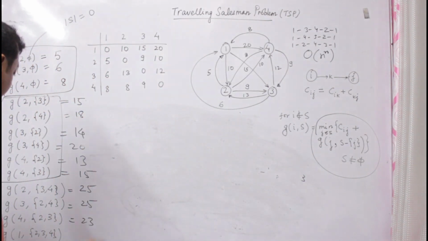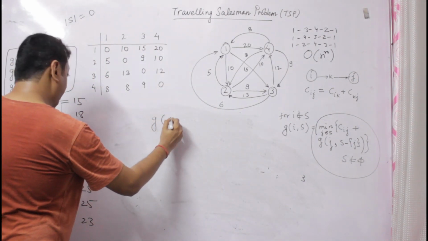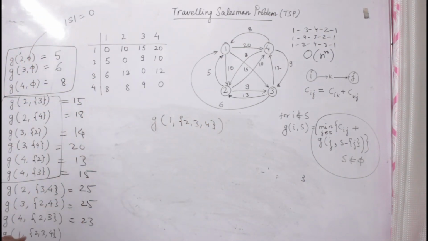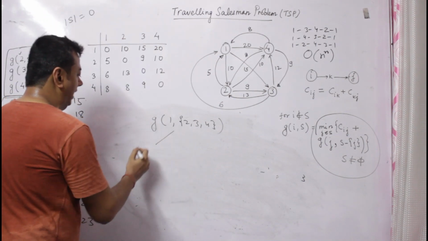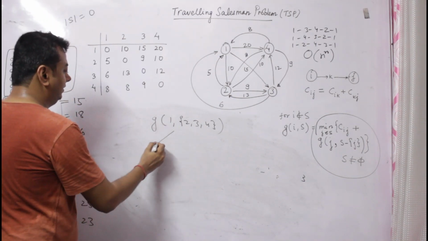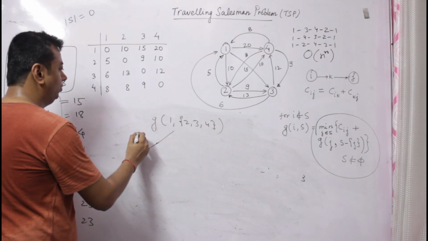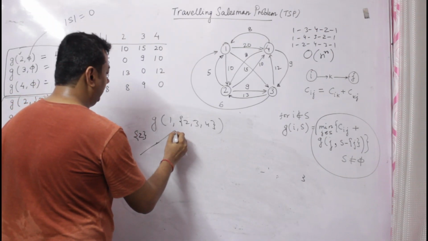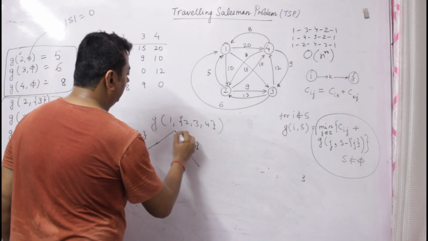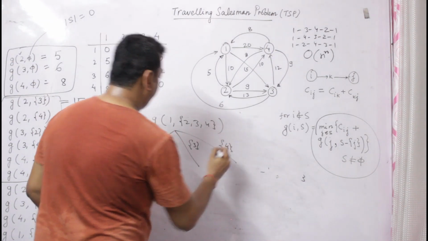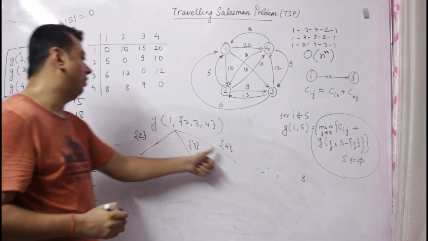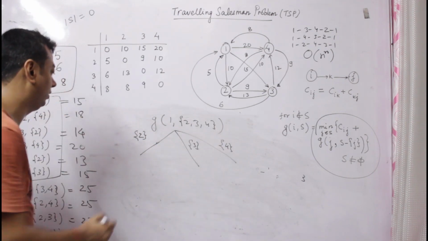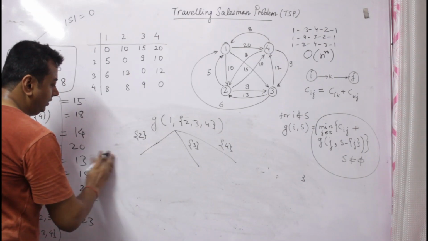Next is, which is our interest, C of 1 comma {2, 3, 4}. So I can say first I will choose 2. In another path you can say you will choose 3 or 4. When you choose 2, you are left with 3 and 4. So what is the cost?